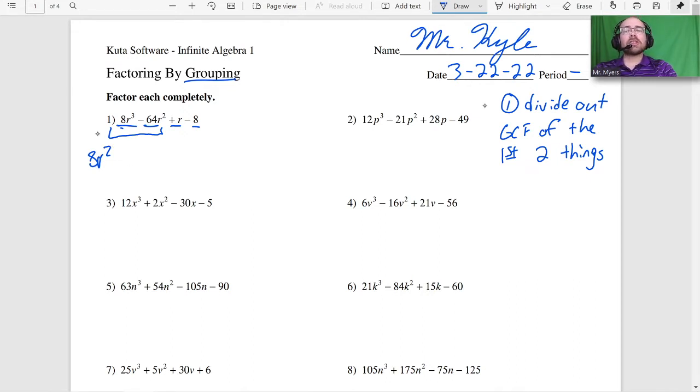You're taking out the largest thing you can from both without creating fractions. So if I divide 8r cubed by 8r squared, I just have r. And if I divide 64 by 8, I get 8. And then r squared over r squared is 1. All right, so that's the first part.